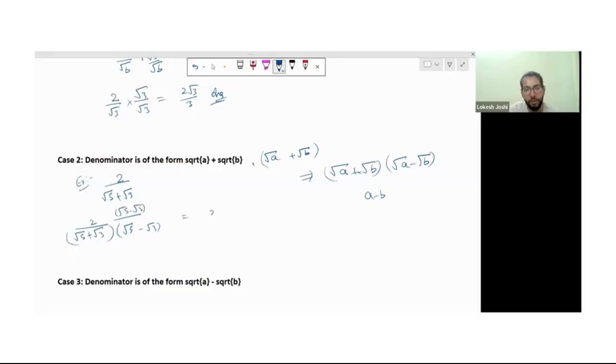So it will be equal to 2 times the bracket square root 5 plus square root 3, over 5 minus 3, which is 2, so it is 2 by 2 times the bracket square root 5 plus square root 3. The 2 will cancel out. It will be square root 5 plus square root 3. Okay, that's the rationalized form.